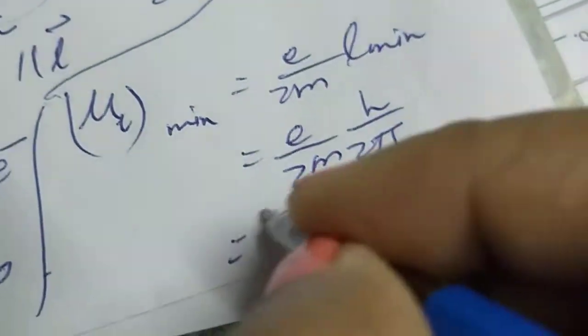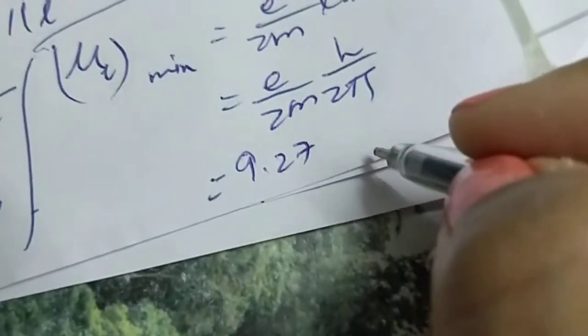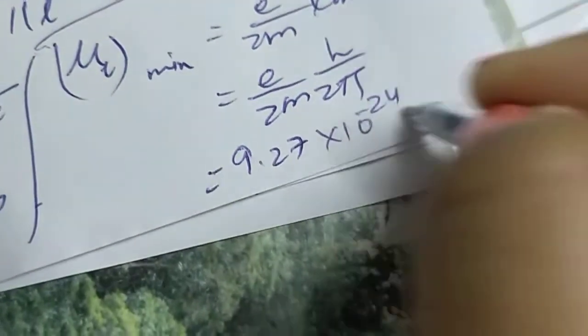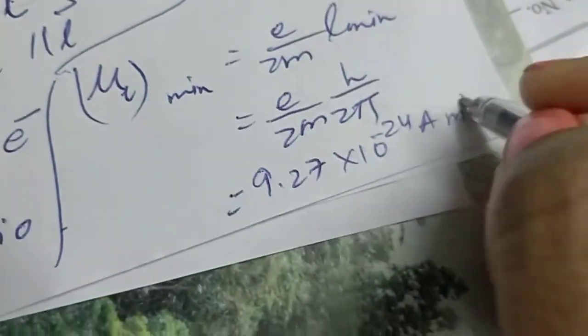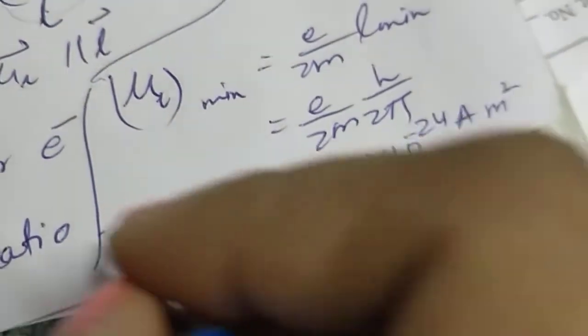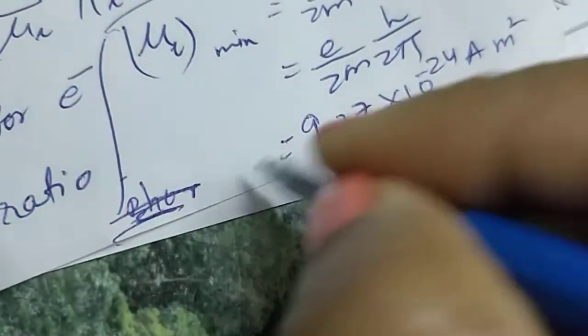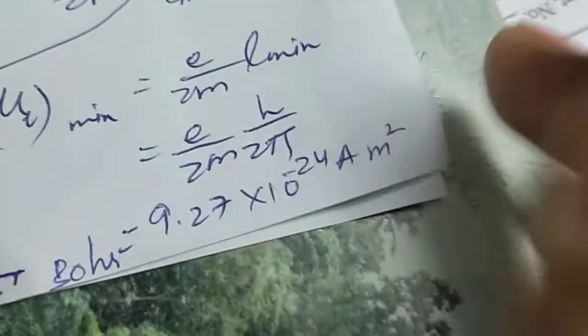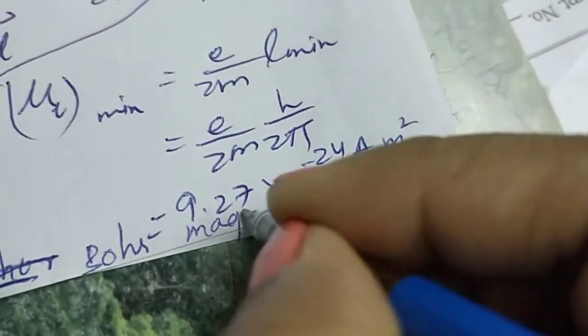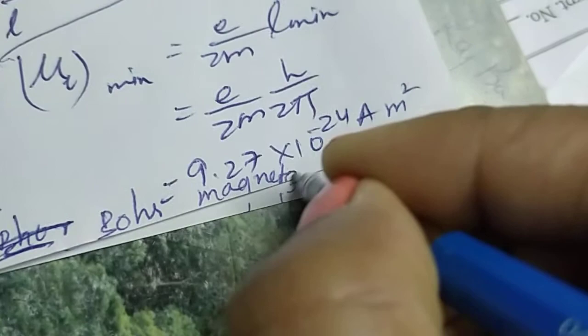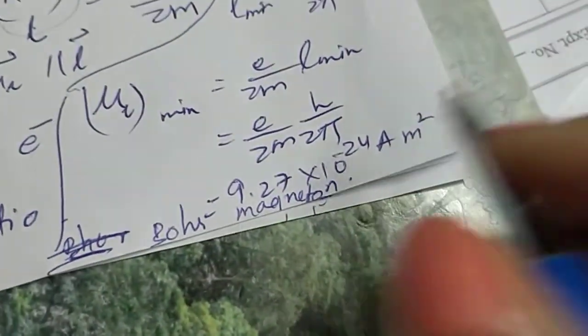This is a constant, this is also a constant. When you substitute all these constants, the value which we get is 9.27 into 10 raised to power minus 24 ampere meter square, which is known as the Bohr magneton. You need to remember this.